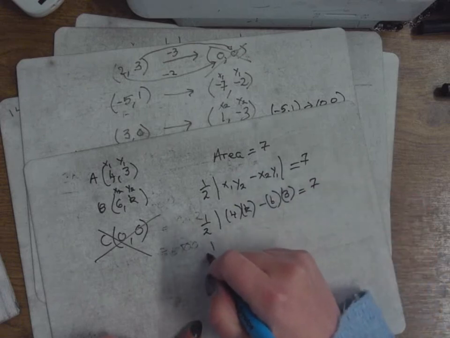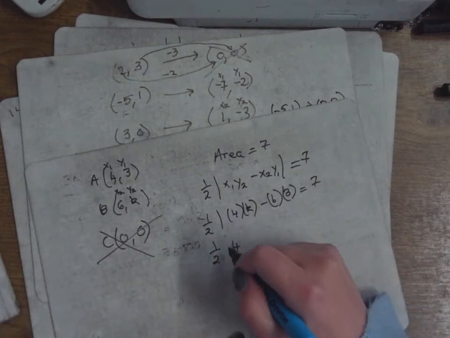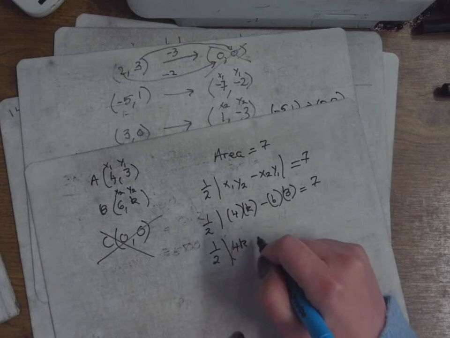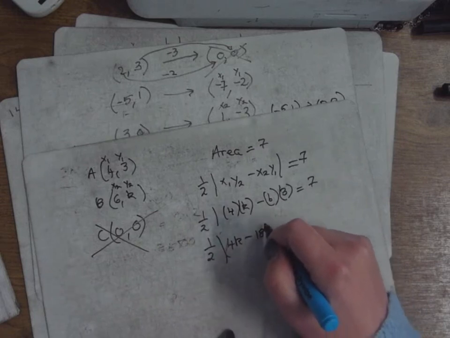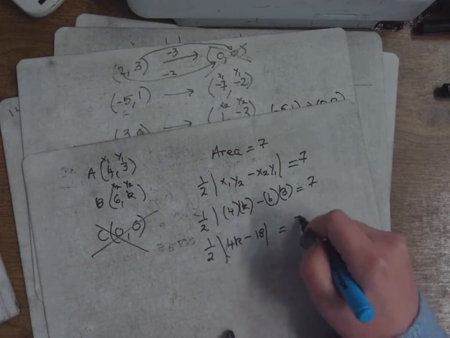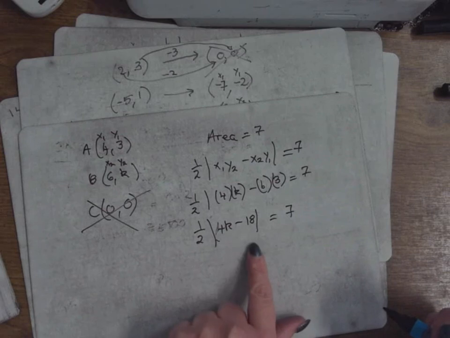So that's a half times 4k, I'll keep the modulus, 4k minus 18 equals 7.